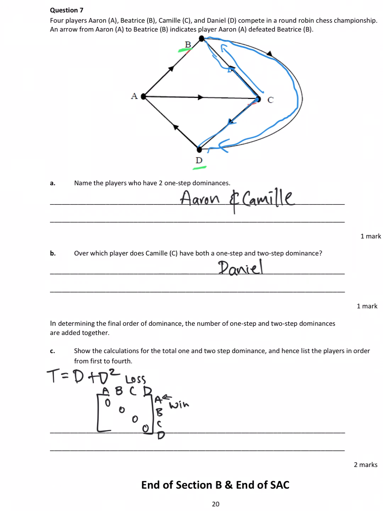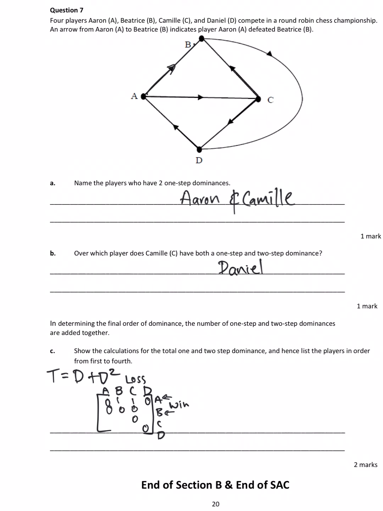Looking at the dominance diagram, Aaron beats Beatrice, that's that arrow, so that's a 1, and it only beats them once. Aaron beats Camille. Aaron loses to Daniel. Beatrice loses to Aaron.